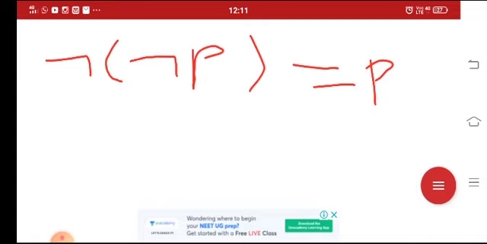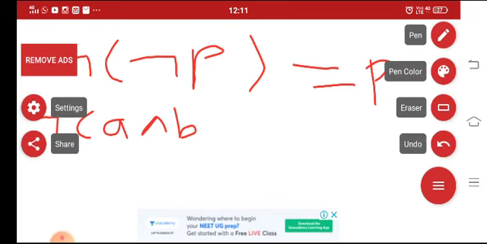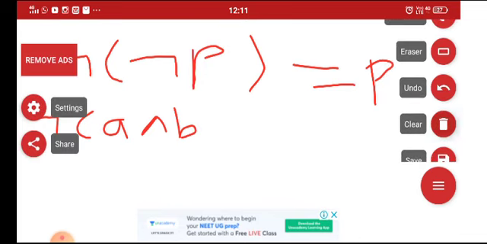See, the negation of A and B will be written as, let's get the screen clear first.